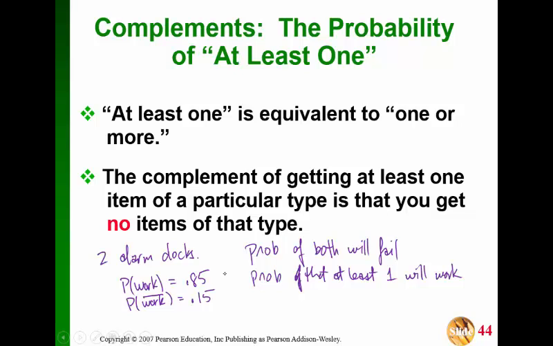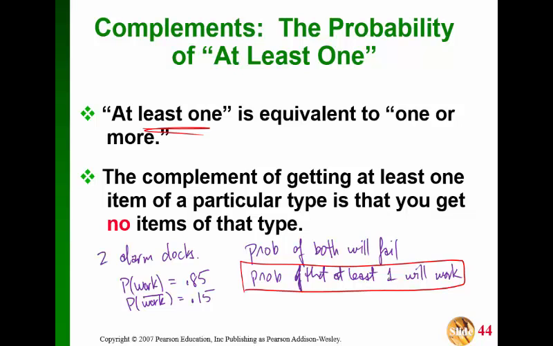Okay? So it sounds like this is the question that we want. We want to see the probability that at least one of the alarm clocks will work. So finding the probability of one alarm clock working is 0.85, and the probability of another alarm clock working is 0.85 also.